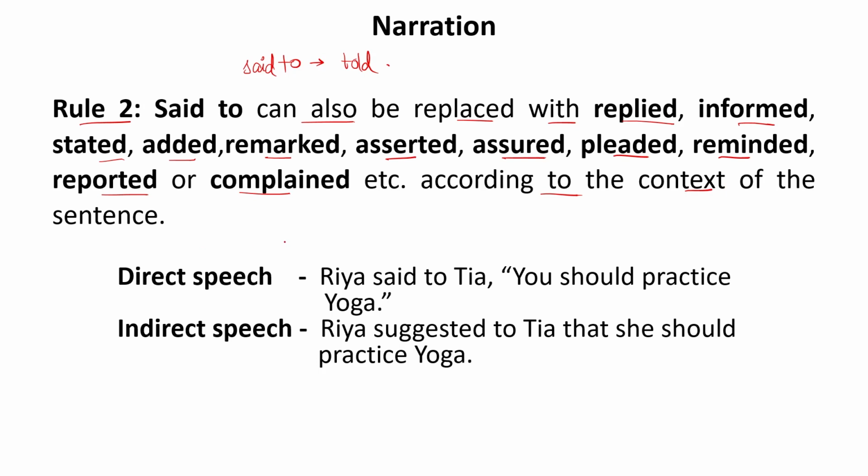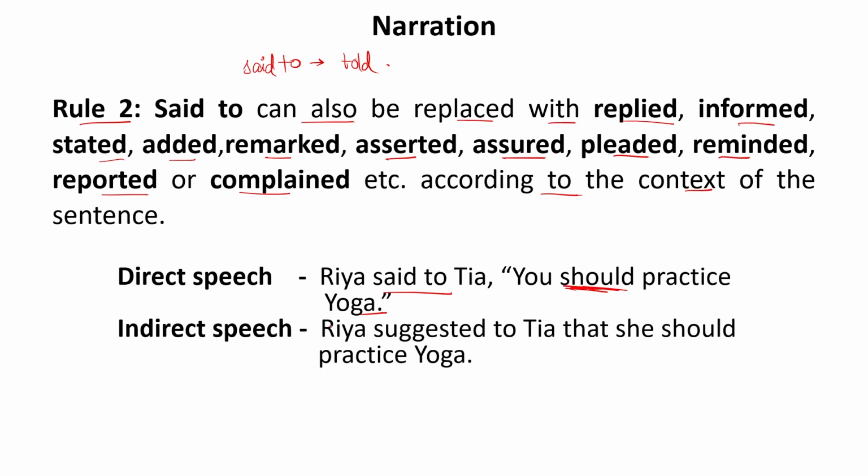It means whatever the sentence depicts or whatever the meaning of the sentence is, we can replace the phrase said to according to the sense of the sentence. For example, if the direct speech is like, Ria said to Tia, you should practice yoga. Now we know very well that should is used to suggest something.